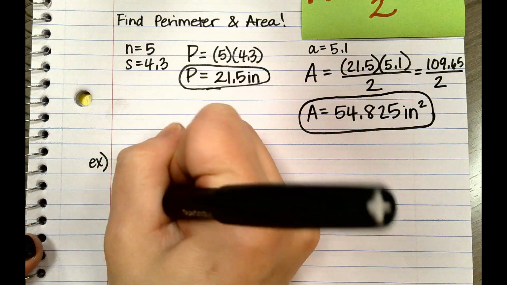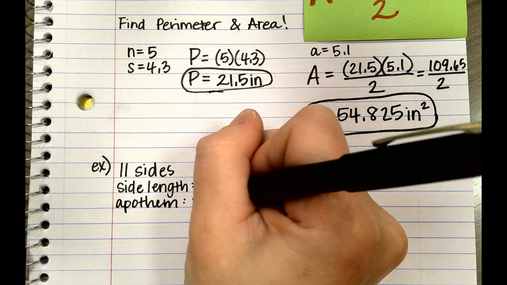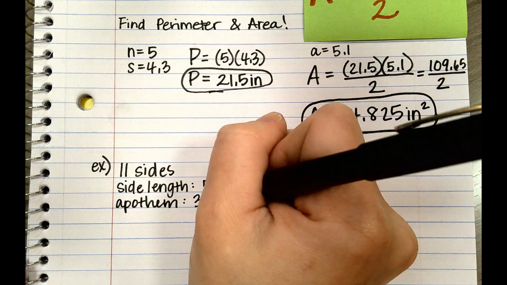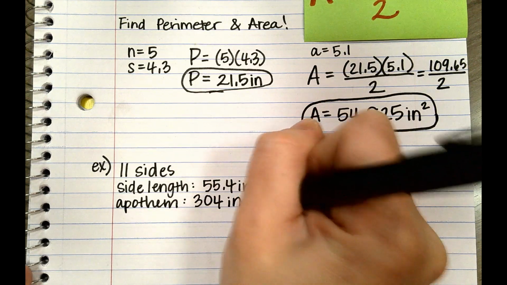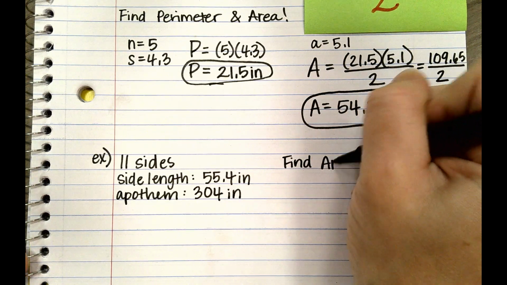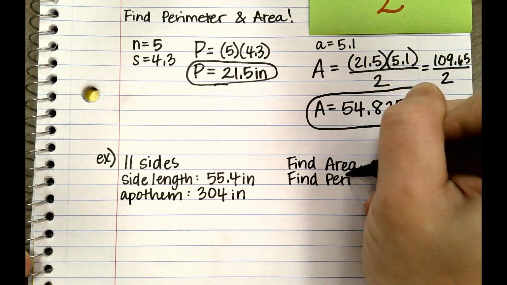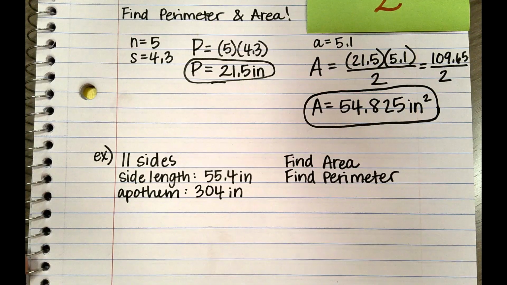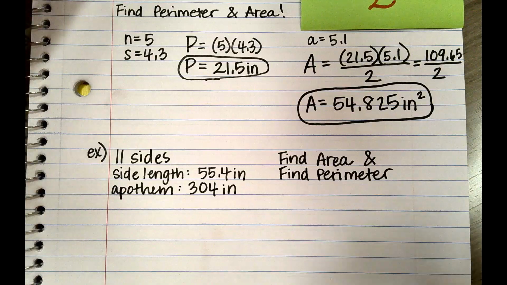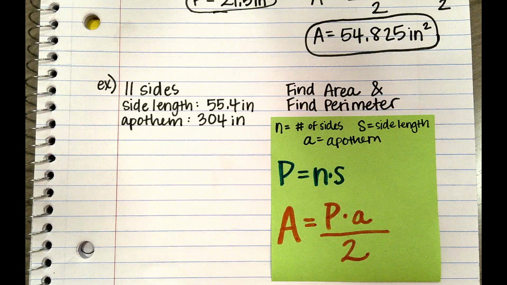And an apothem, this is possible, I'm making up numbers, of 304 inches. Find the area and the perimeter. Go ahead and try to use these formulas and solve the area and the perimeter of this example here.